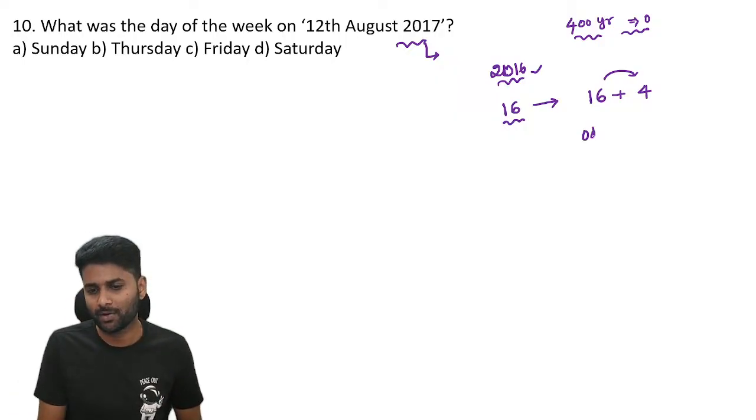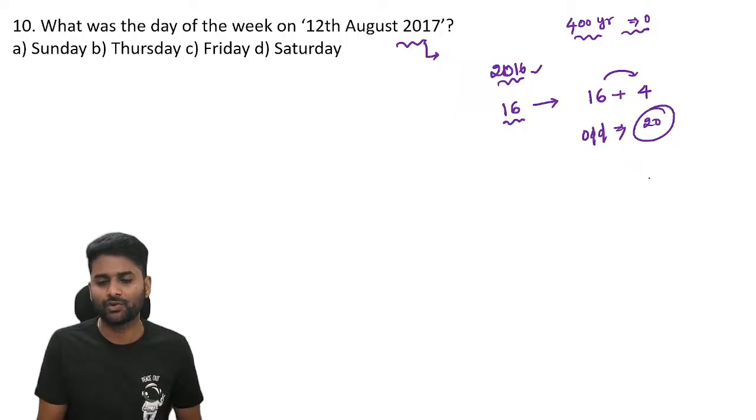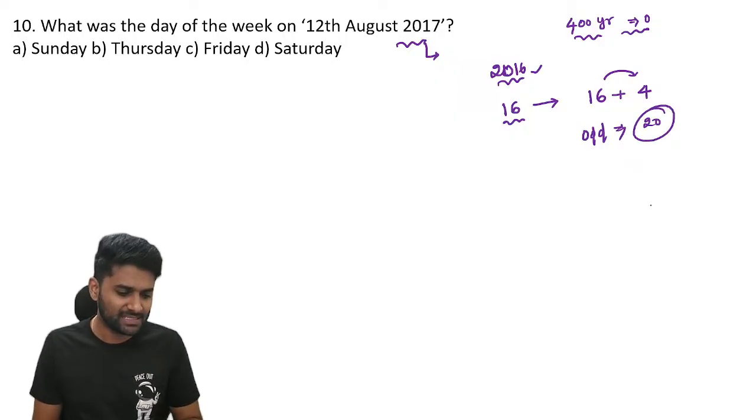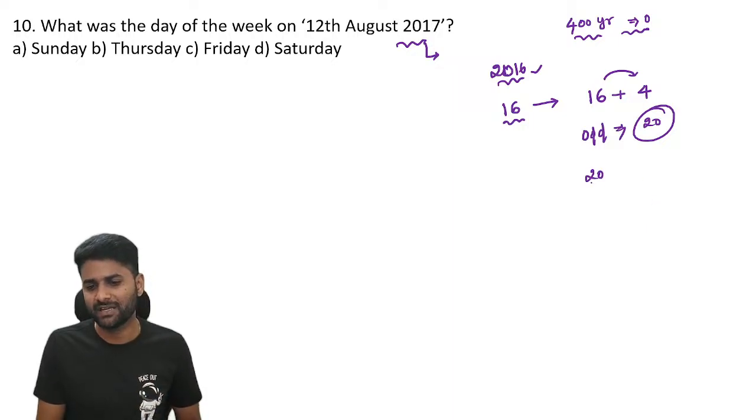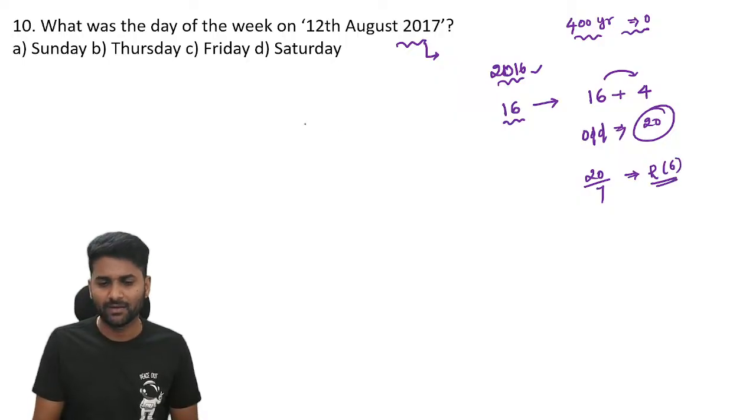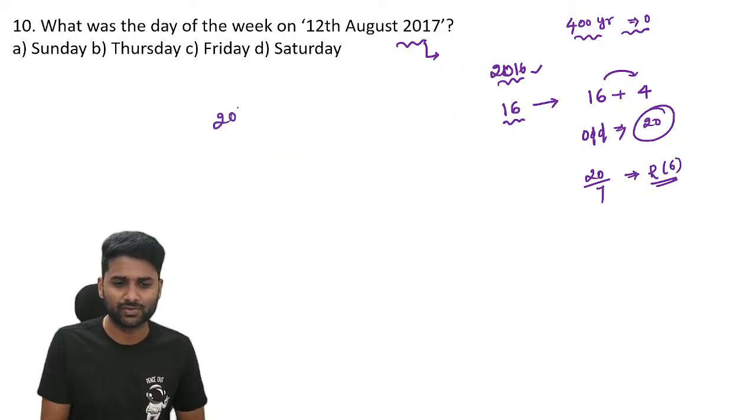The total number of odd days is equal to 20. Each day repeats every 7 days, so if it is any number beyond 7, you have to divide it by 7. The remainder is 6. For 2016 years, the number of odd days is 6.